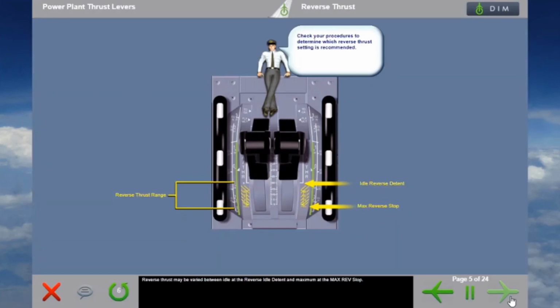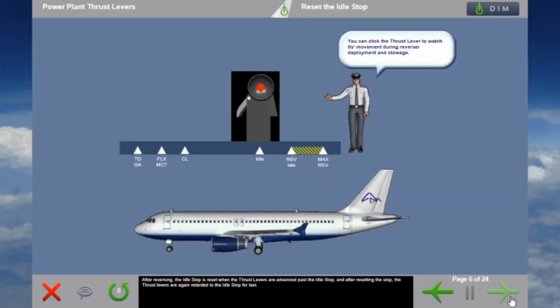Reverse thrust may be varied between idle at the reverse idle detent and maximum at the maximum reverse stop. After reversing, the idle stop is reset when the thrust levers are advanced past the idle stop, and after resetting the stop, the thrust levers are again retarded to the idle stop for taxi.